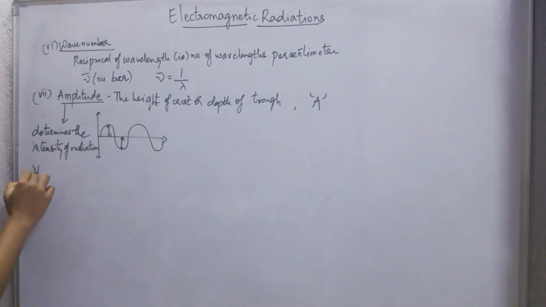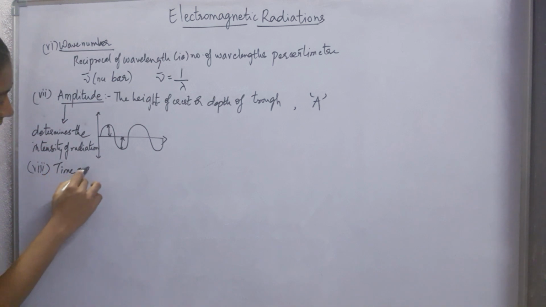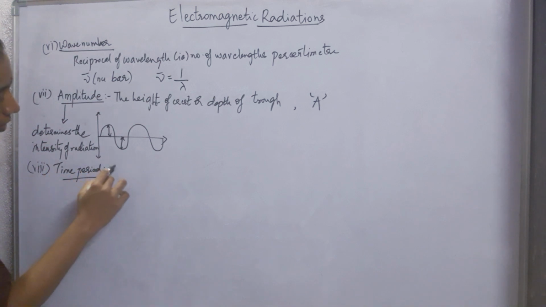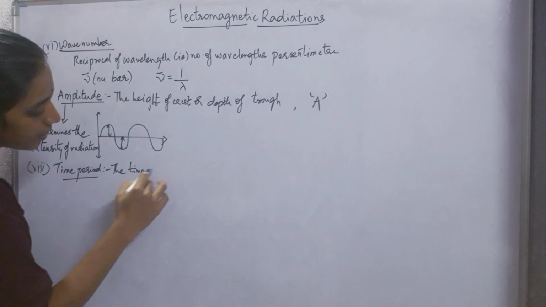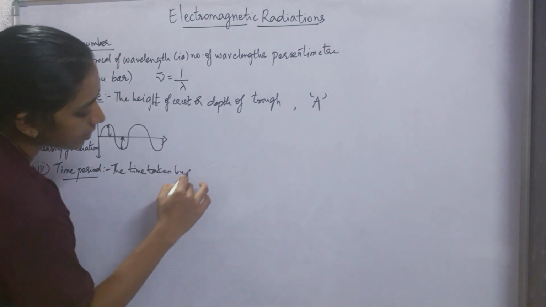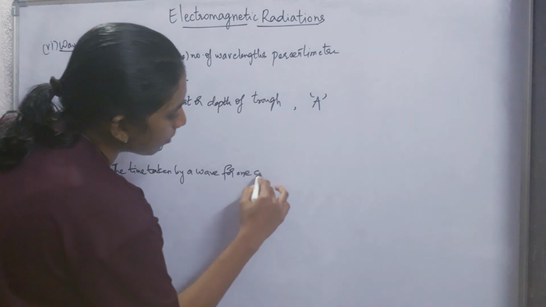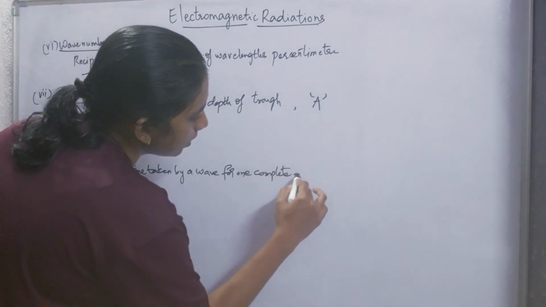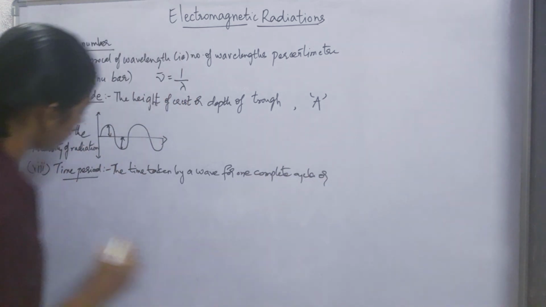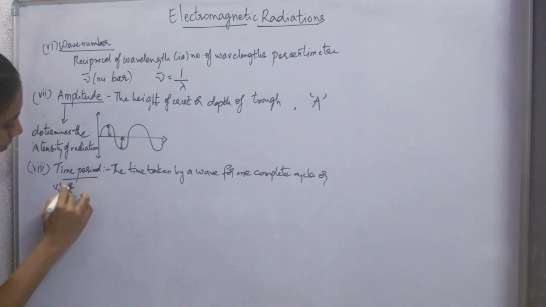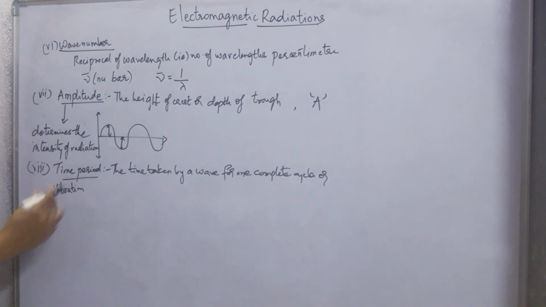Now the eighth characteristic of a wave is time period. The time taken by a wave for one complete cycle or vibration is called time period.